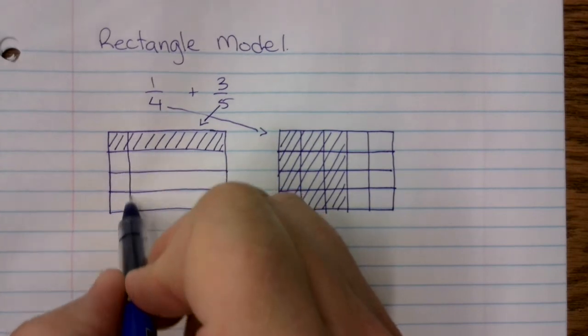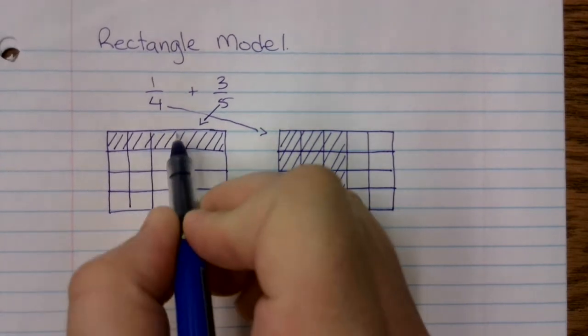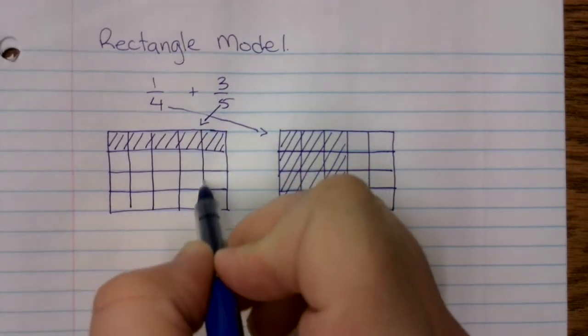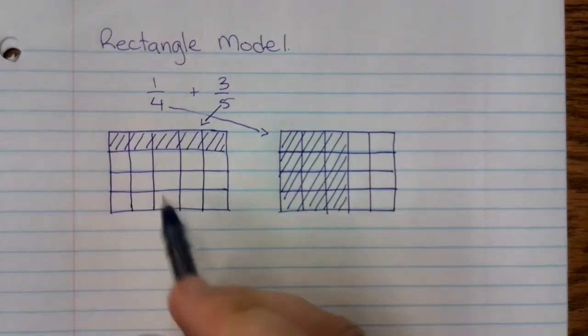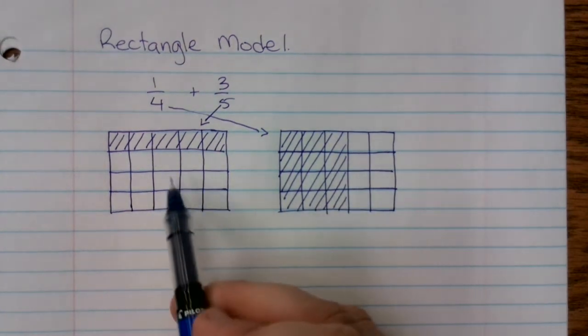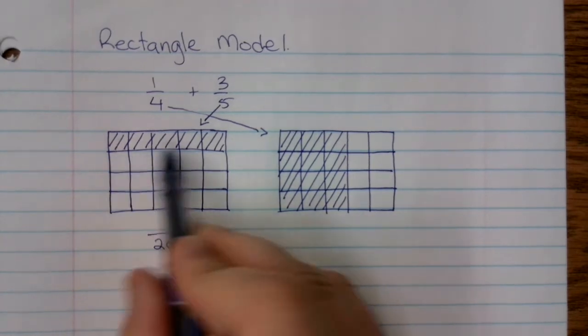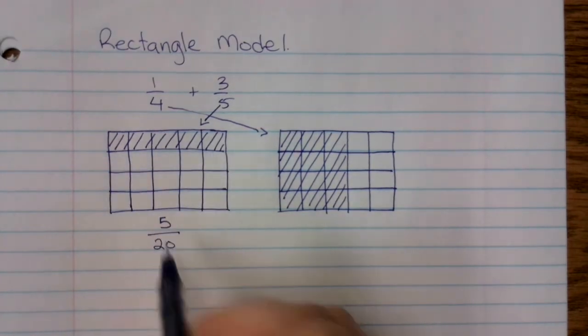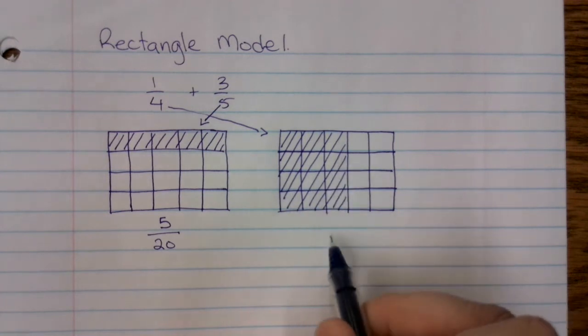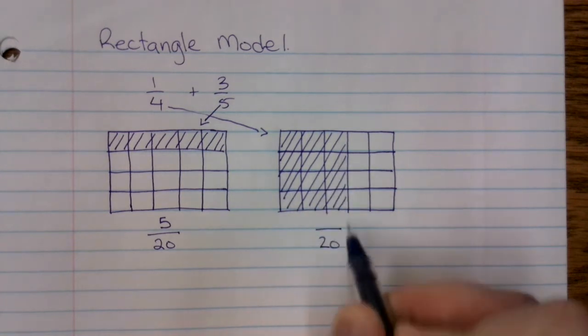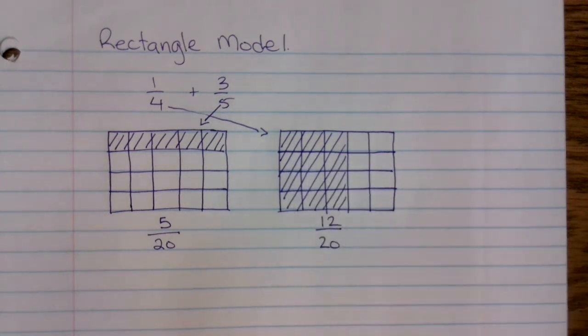They are equivalent. And now that they're equivalent, I can write my equivalent fractions. This is now 20 pieces, and 5 of them are filled in. And this one is also 20 pieces, and 12 of them are filled in.